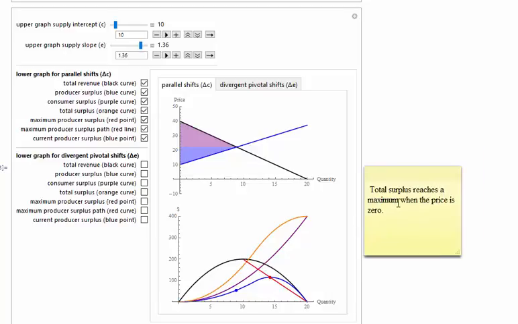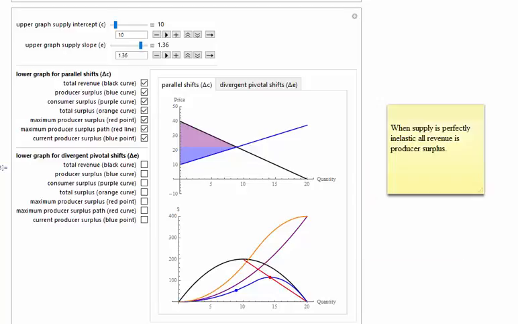Or as we just said, total surplus reaches a maximum when the price is zero. Or as we already said, when supply is perfectly inelastic, all revenue is producer surplus up here.